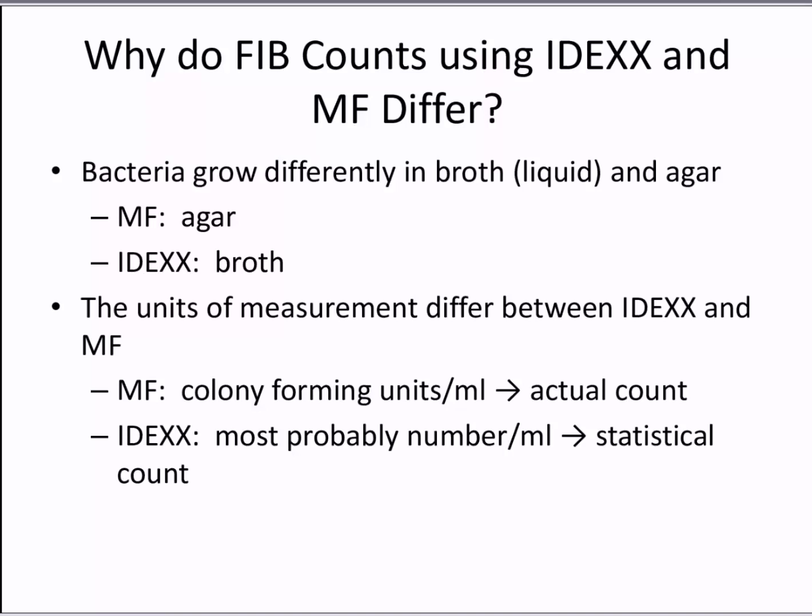With IDEXX, you're looking at the number of wells in a Quanti-Tray that are positive, and then using a statistical analysis to come up with the most probable number. So that's the other reason why the counts may differ between methods.